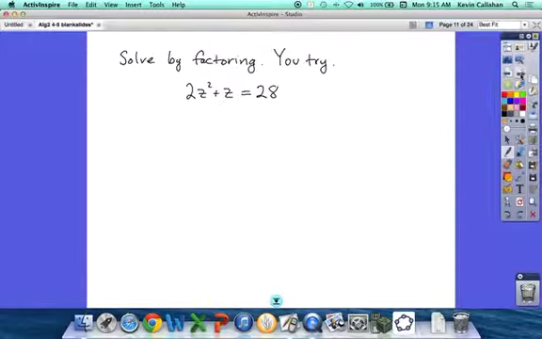It's 2 times negative 28 is negative 56. That's what you're trying to find the factors of. What were the factors that worked?